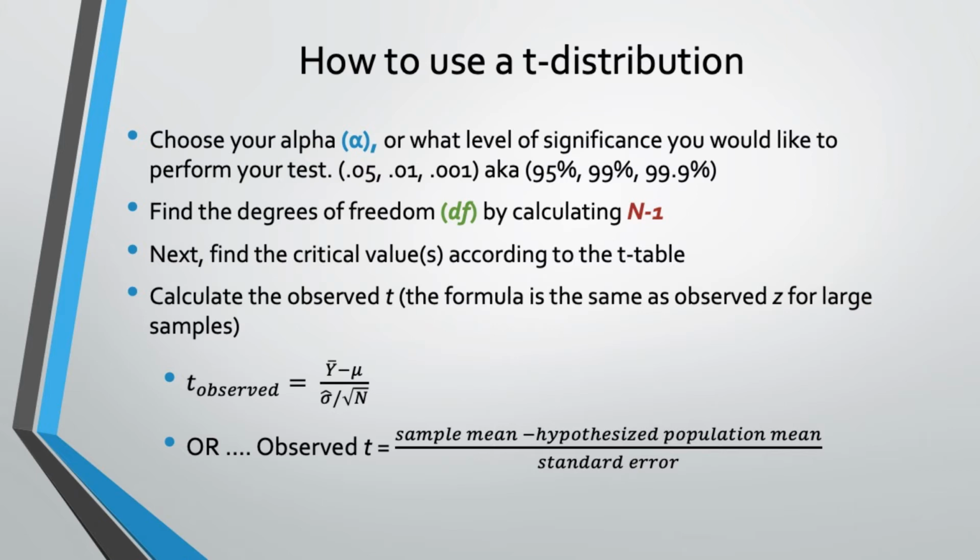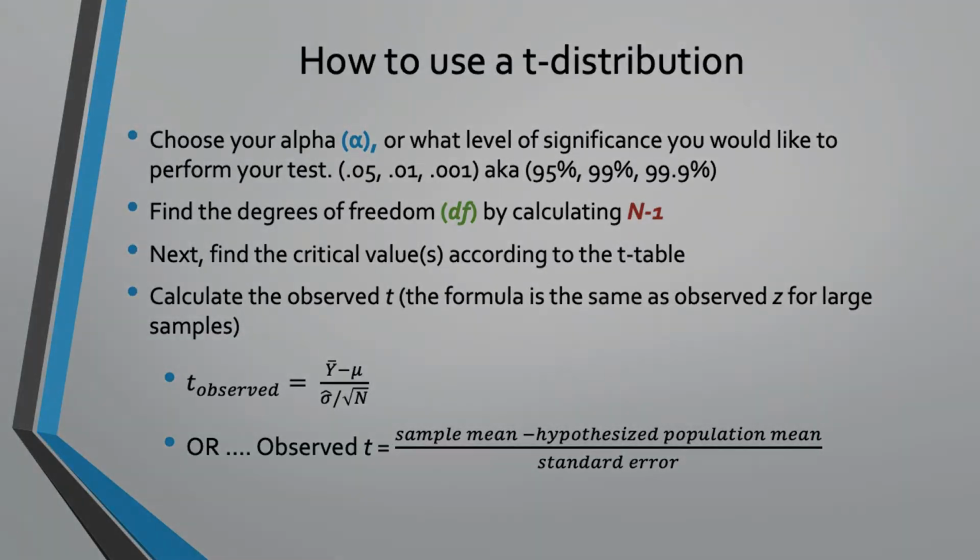Then we have to look in the t-table and find the critical values. And then we calculate the observed t, which is the exact same equation that we used for our z distribution. So it's the sample mean minus the hypothesized population mean divided by the standard error, which again is the standard deviation divided by the square root of n.